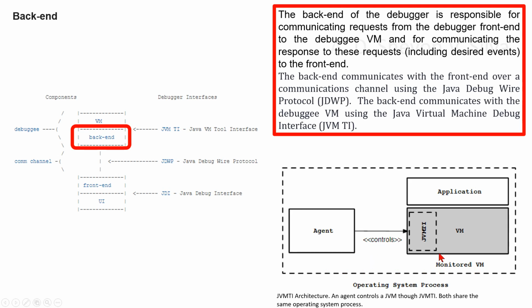JVM TI agents are meant to be written in C to be as compact as possible and allow maximal control with minimum instruction. JVM TI provides introspection and some limited intercession facilities at VM and language levels.